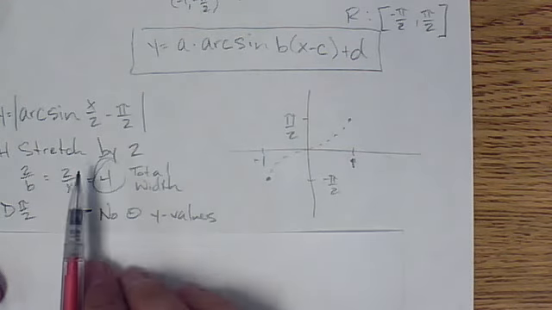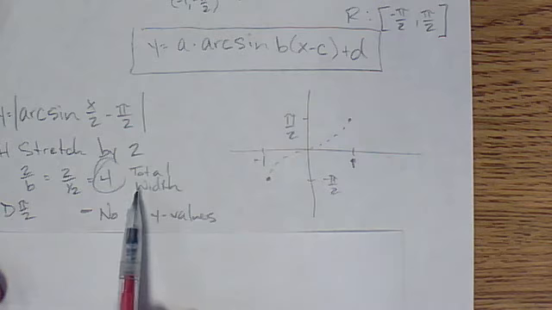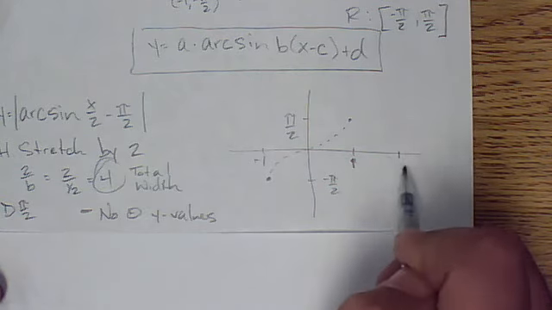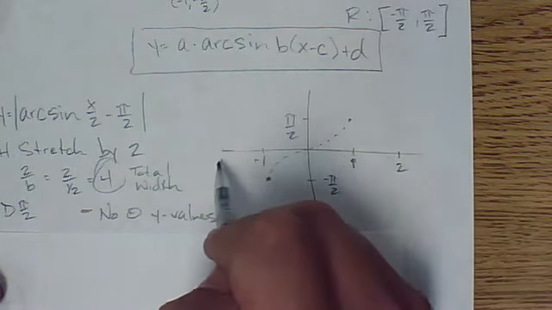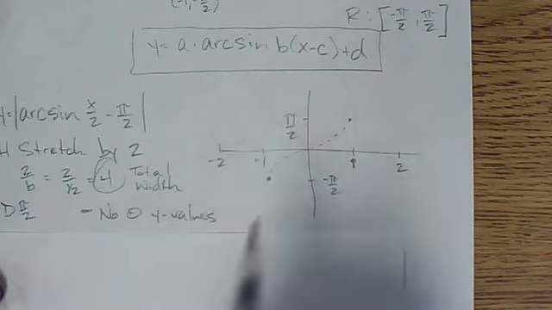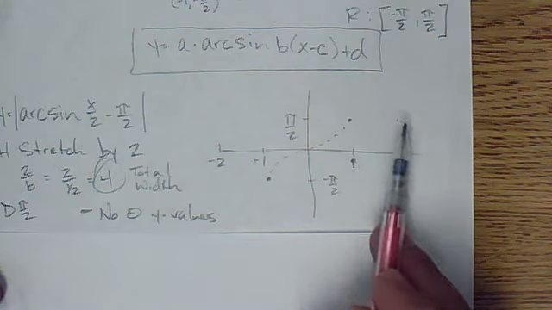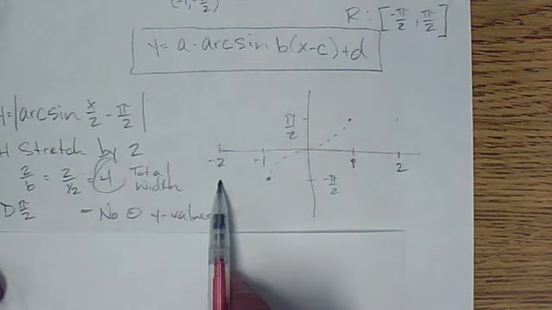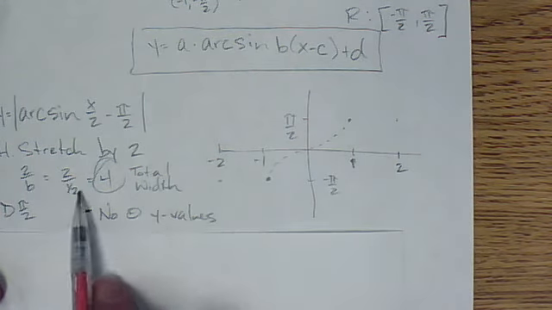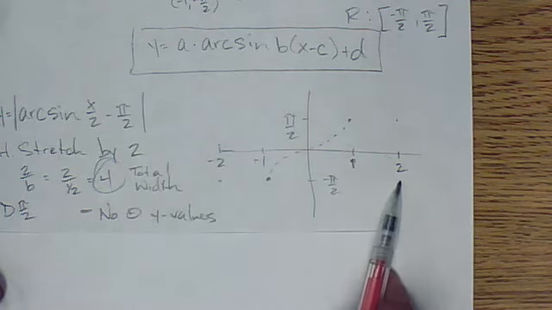Okay. Now we're going to stretch that by 2. So if my total width is 4, then this needs to come out 2 this way and 2 this way. So this point's coming all the way to 2. And this point right here is coming all the way to negative 2. And so that makes my total width 4.